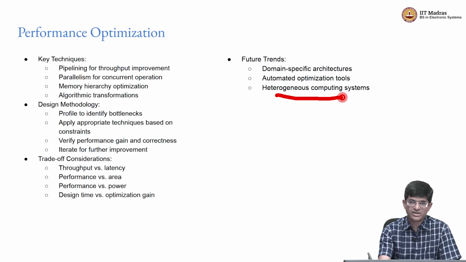There are CPUs, GPUs, neural processing units, image coders, audio codecs, all kinds of things on a single SoC. How do we make optimum use of all of these in a way that balances out all the different functionality? All of these are actually active areas of research and would be interesting directions for those of you who are interested in going further into these areas.